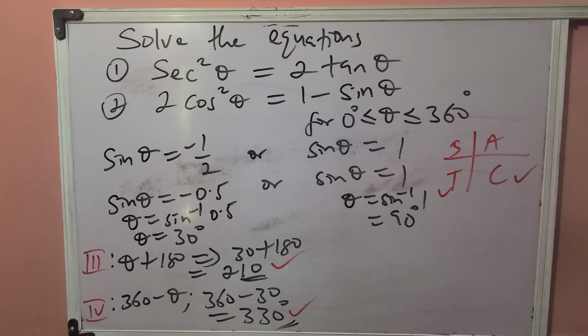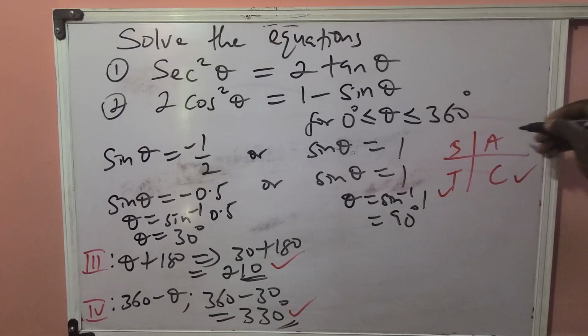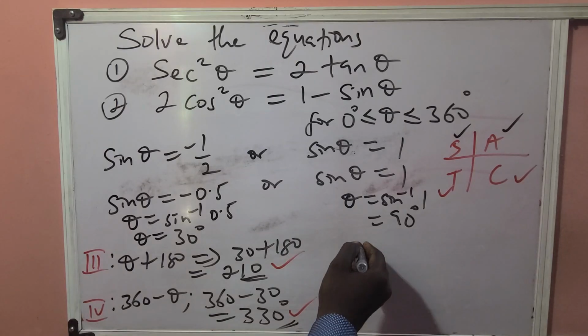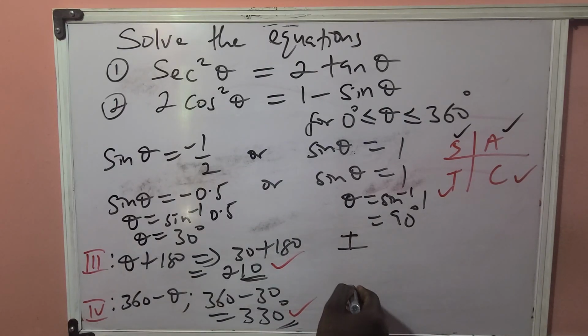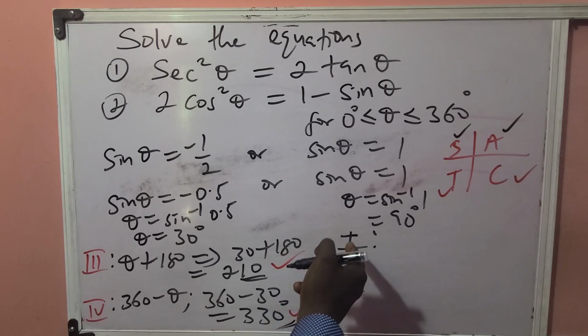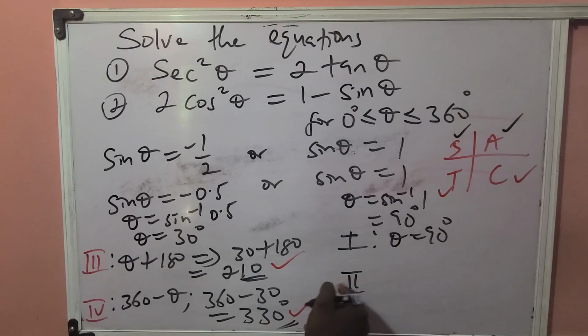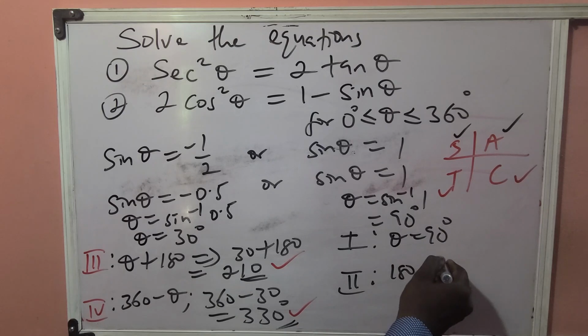So obviously you are dealing with where sin theta is positive on your quadrant. It's obviously positive in both the first and the second. So we identify that we have quadrant 1 and quadrant 2 as our quadrants of interest. For quadrant 1, I told you just to replace this in there. That will be theta equals 90 degree. While for quadrant 2, the rule in quadrant 2 is 180 minus theta.